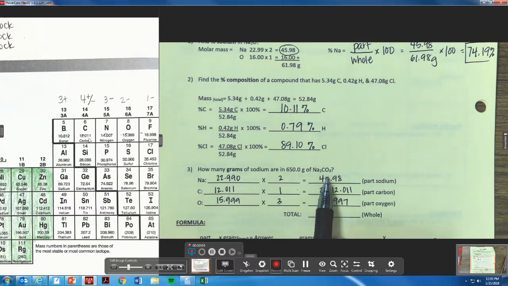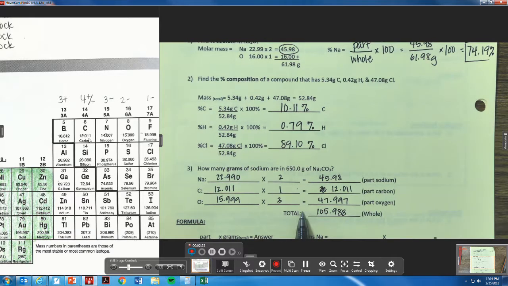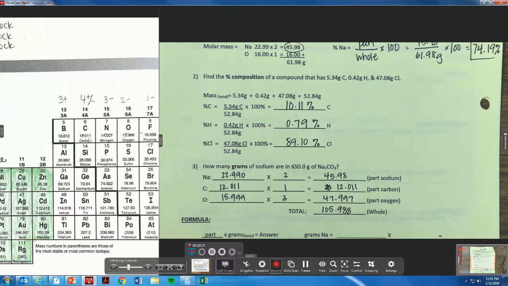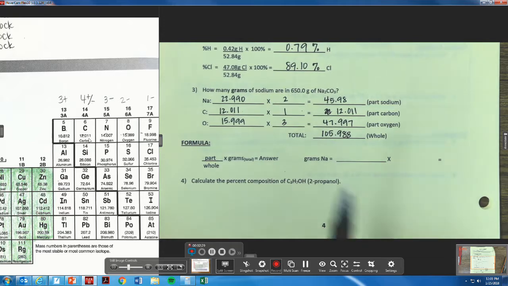Now we're going to add them all up so we can determine our whole. Adding that all up is 105.988. Now that we have all our information, we can determine how many grams of sodium are in sodium carbonate.